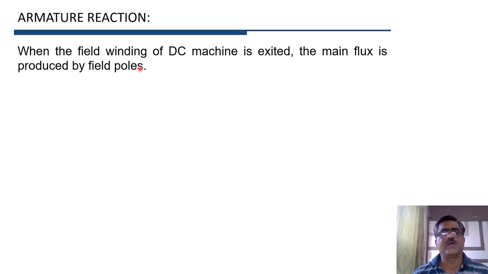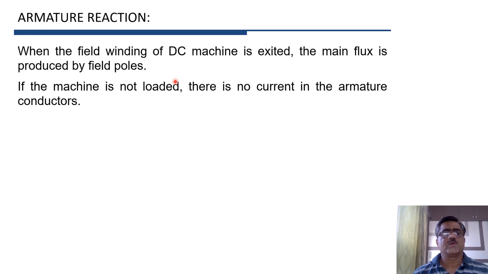means when the field winding is connected to a DC supply, then the main flux is produced by the field poles. Now if the machine is not loaded, that means if the machine is operating under no load condition, then the current in armature conductors is equal to 0.